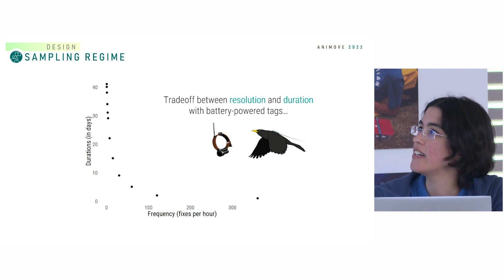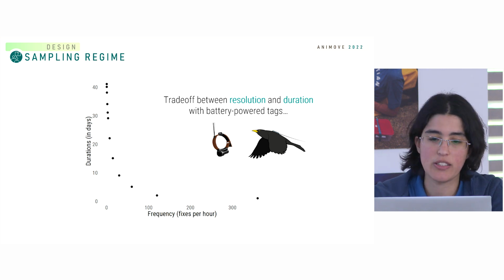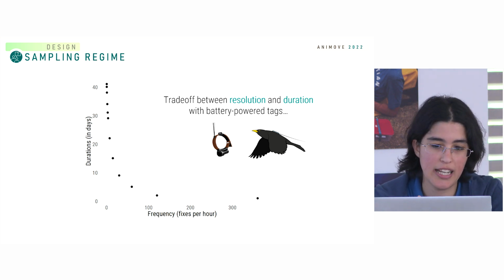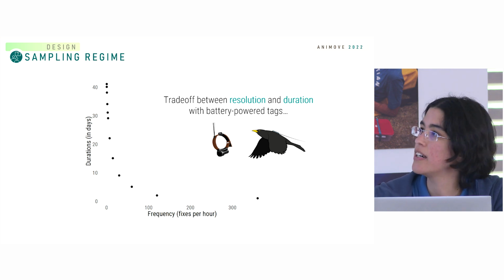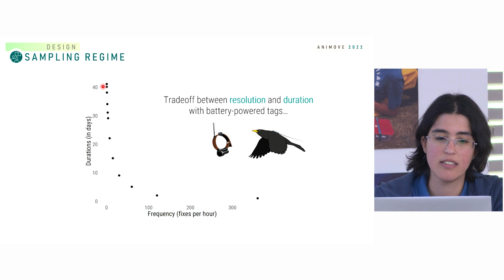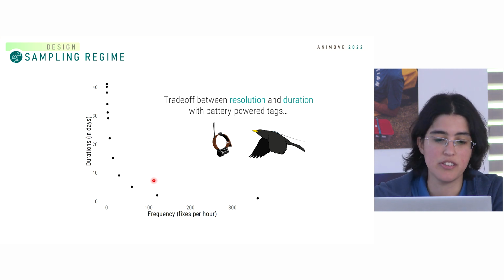So regarding particularly GPS or satellite tags, there's always this trade-off between how much resolution you get and how much duration you get, right? The more sampling duration you want, it's likely that you'll have access to only coarse resolution, versus if you want fine scale, it's probably not going to last as long.